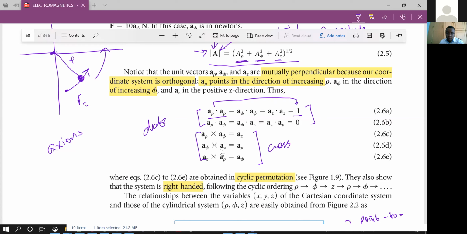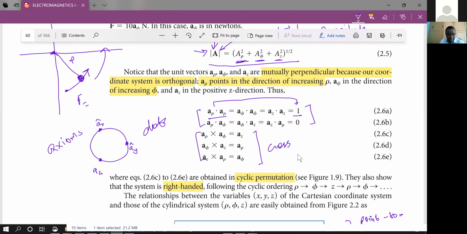So then remember what we said about the cross product of unit vectors. We said that when you cross two unit vectors, we follow what we described as cyclic permutation, like we arrange these unit vectors in a circle. So we say this first point is AX, the next one is AY in that order, and the third one is AZ.